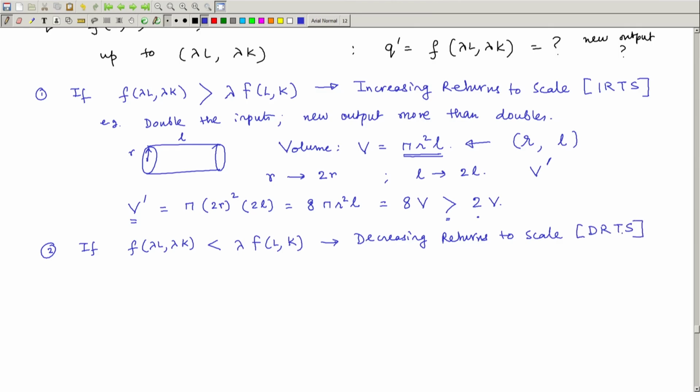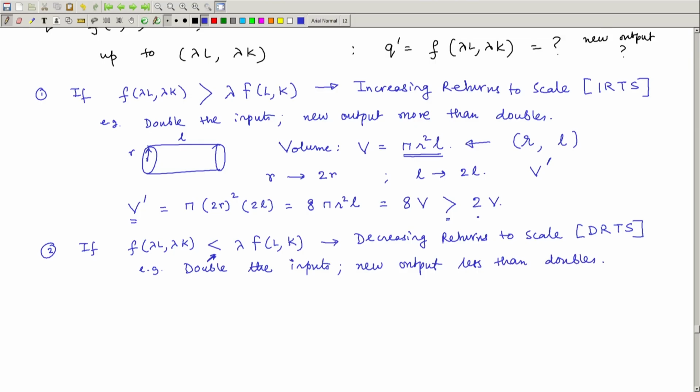Okay. Now, I will simply say that you have doubled the inputs, the new output less than doubles. So, that is the key part here, less than doubles.